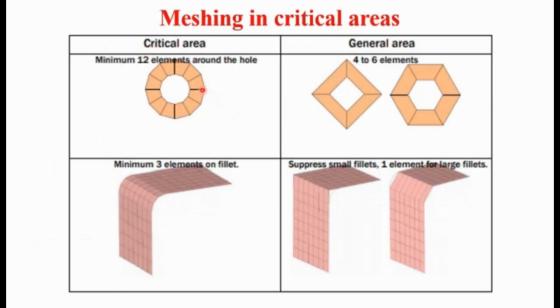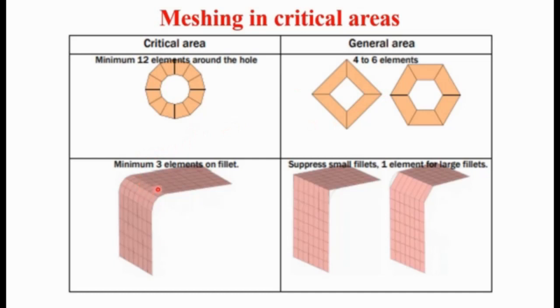Whenever there is a circular hole in the object, a minimum of 12 elements should be there around the hole while meshing. And if there is a square or hexagonal hole, then 4 to 6 elements should be there. Generally these rules are followed in meshing.